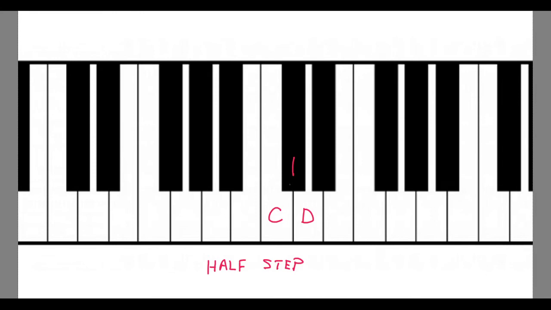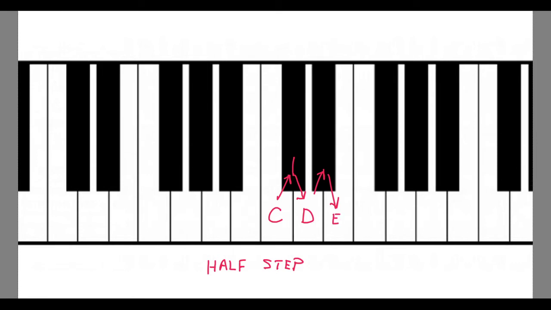So from C to the black note above C is a half step. From the black note above C to D is also a half step. From D to the black note above D is a half step. From the black note above D to E is also a half step.